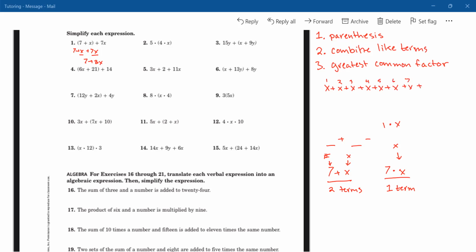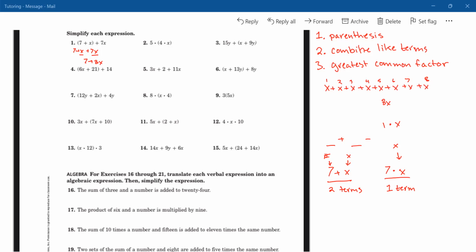If we add another x, then that's the same as saying x 8 times, or 8x. And that's how we know that 7x plus x is equal to 8x.